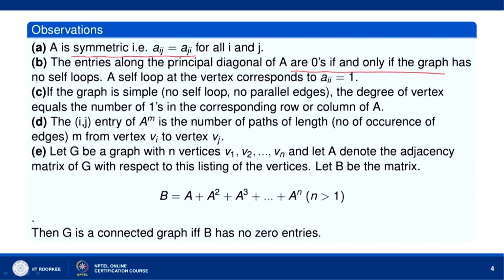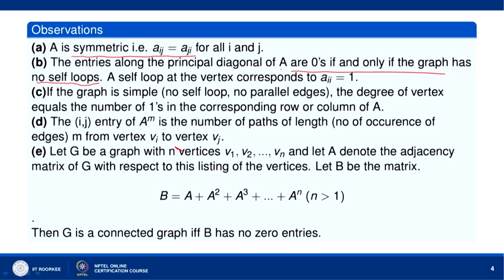Now, the entries along the principal diagonal of A are zeros if and only if the graph has no self loops, because the diagonal entries are given by A11, A22 and so on up to Ann. So, if there are no self loops, then A11, A22, A33 and so on up to Ann will all be zeros.